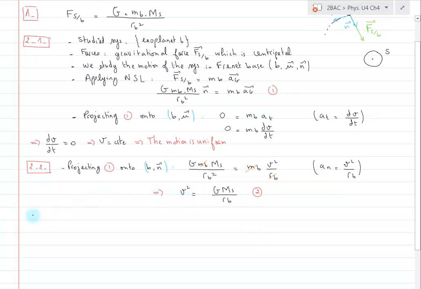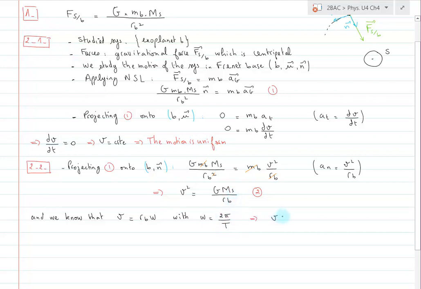So we know that v is equal to r_B omega. The linear velocity is equal to the radius of the circle times the angular velocity, with omega being equal to 2 pi over T, which is the orbital period.